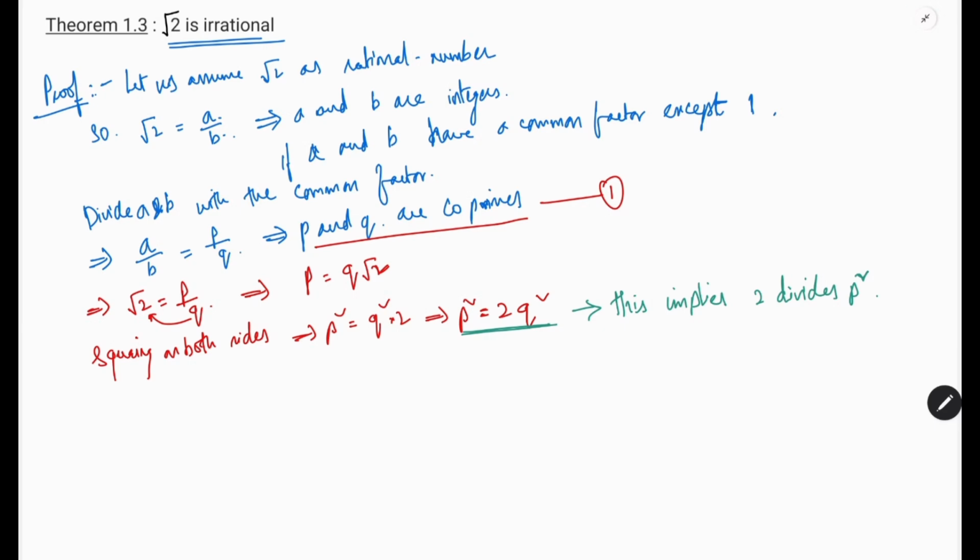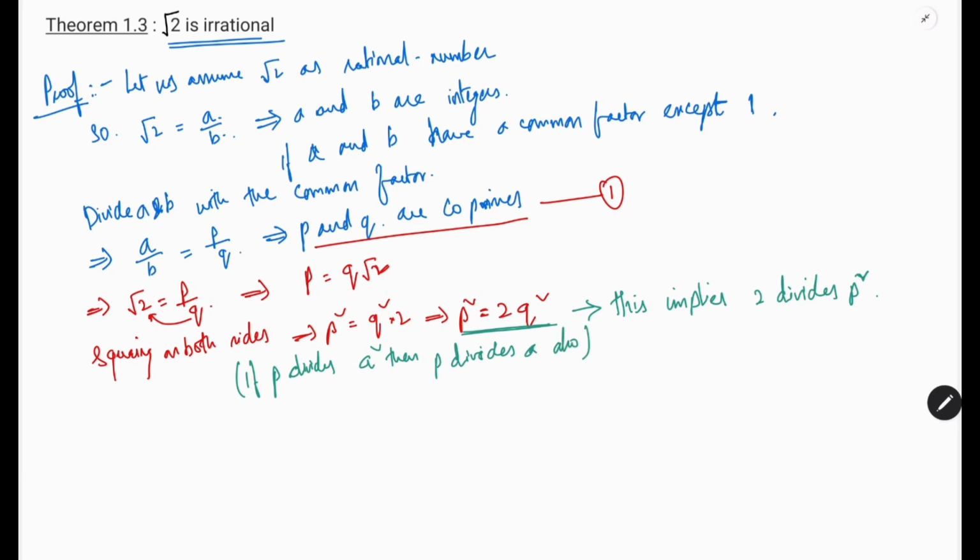By theorem 1.2, if P divides A square, then P divides A also.